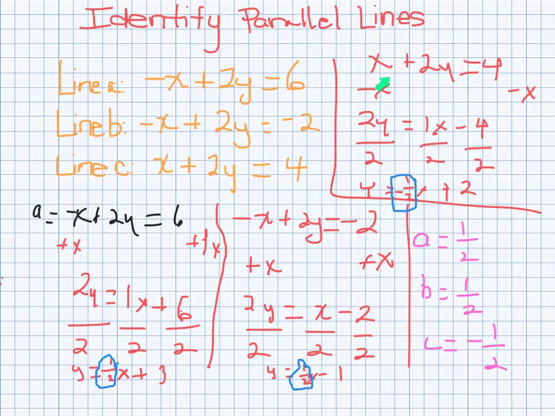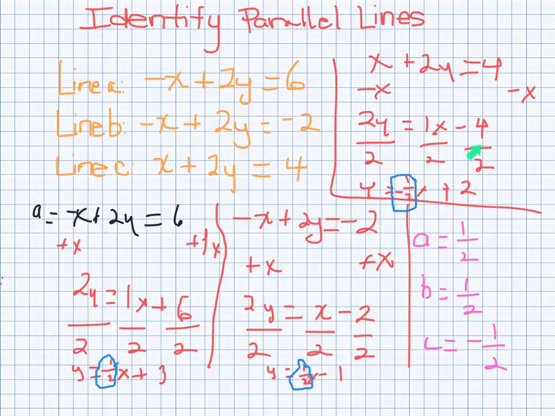And the last line is x plus 2y equals 4. I subtract an x from both sides because I'm trying again to isolate the y and get it into the slope-intercept equation. I have 2y equals, I reformat my line so that the x is first. So I have 2y is negative 1x plus 4.